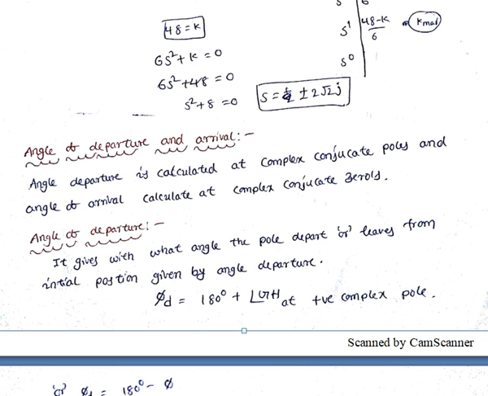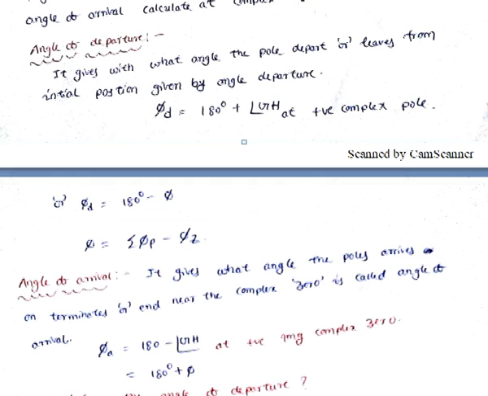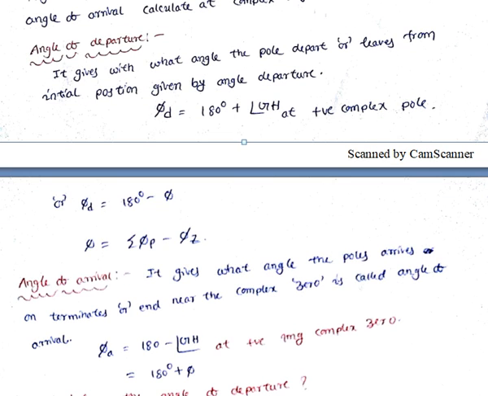Another alternative for finding the angle of departure is phi d equal to 180 minus phi, where phi is the sum of angles at all poles minus the sum of angles at all zeros.